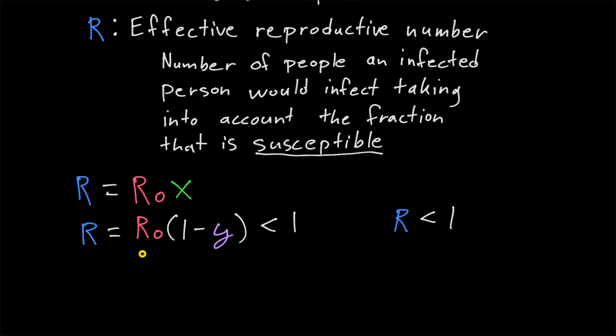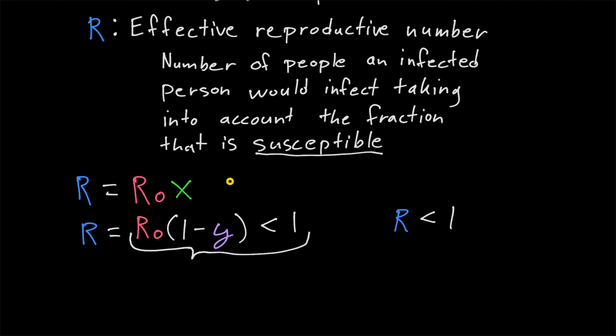So if R naught times 1 minus Y is less than 1, this disease will peter out.